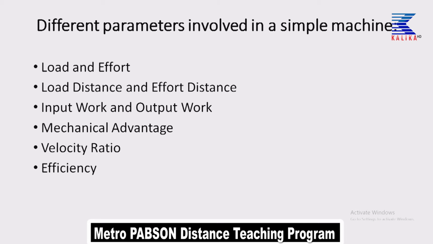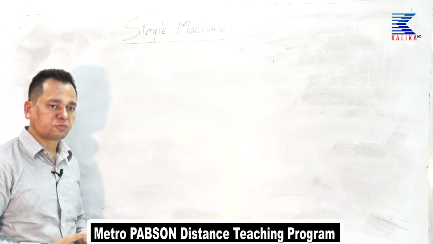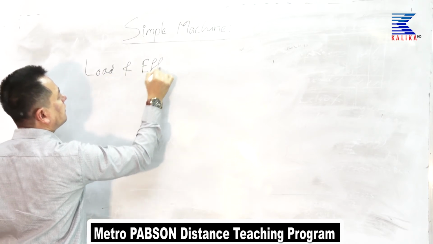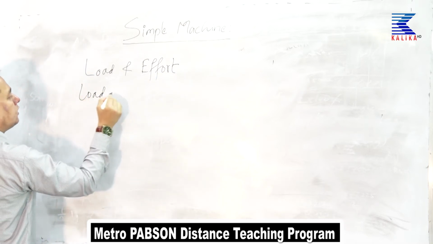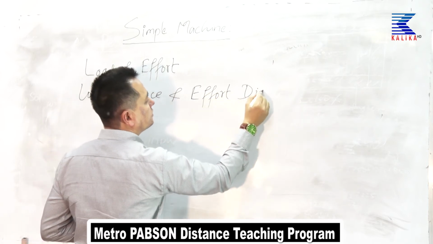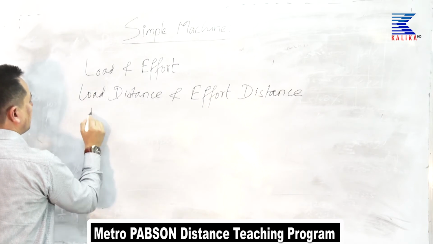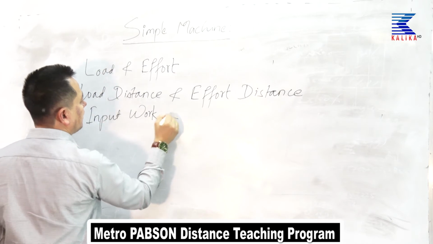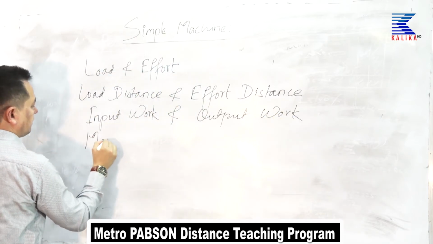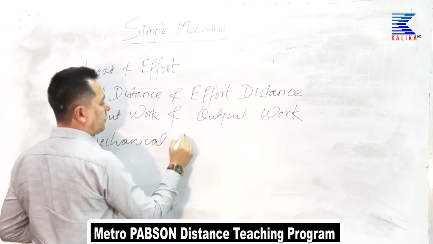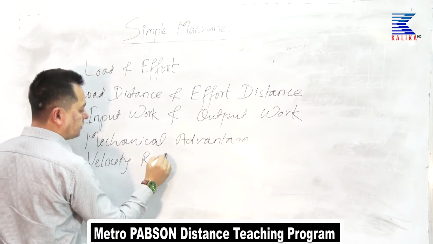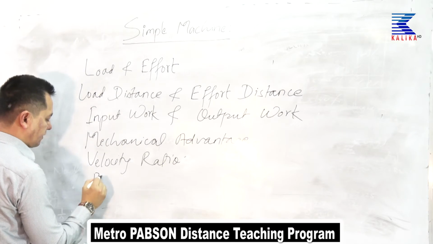Before jumping to the topics of the chapter, we need to understand some parameters that we always encounter while discussing simple machines. These parameters are: load and effort, load distance and effort distance, input work and output work, mechanical advantage, velocity ratio, and finally efficiency.